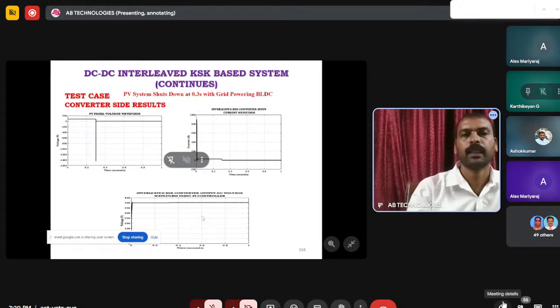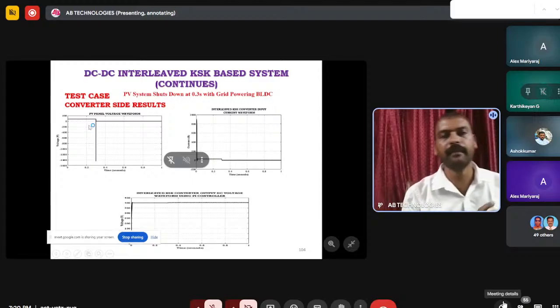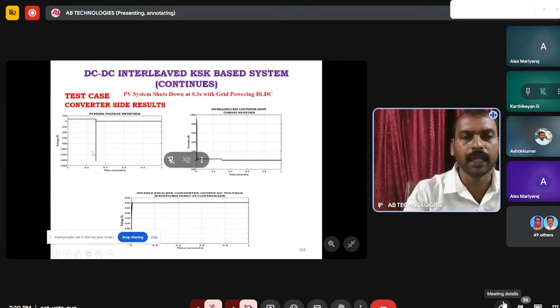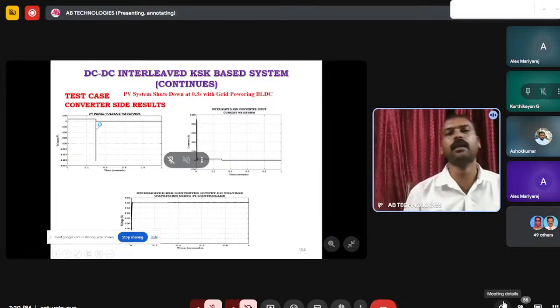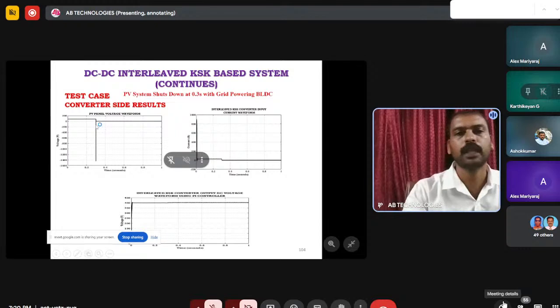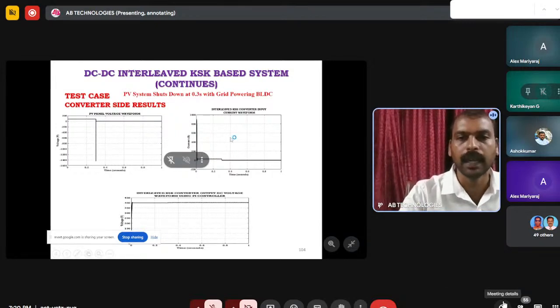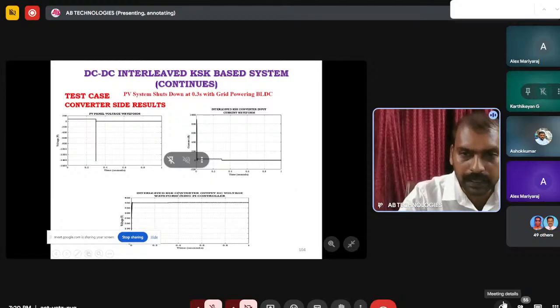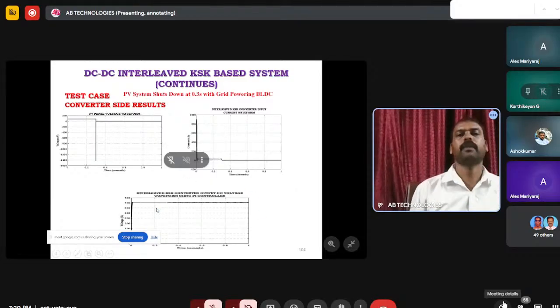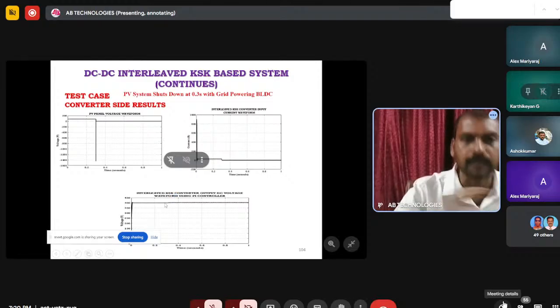Test case: first we are providing the voltage from PV, and at 0.3 seconds I am cutting off the PV panel. Immediately you can see the output voltage of the PV comes to 0 and the current comes to 0, but you can see the DC link voltage is provided from the grid. There is no voltage reduction.